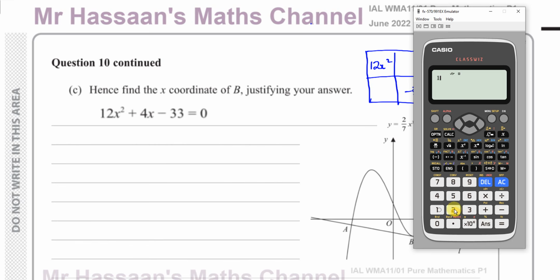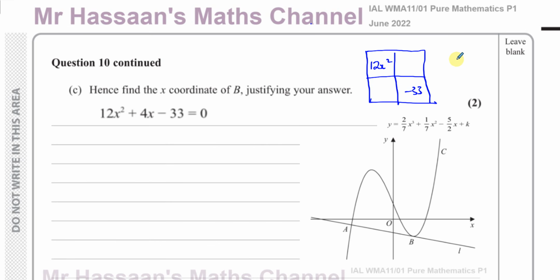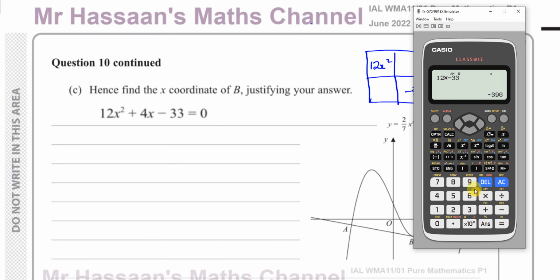Let's see, 12 times negative 33 gives you negative 396. So your product is equal to negative 396, and the sum has to be plus 4x. We need two numbers that multiply to give negative 396x squared and sum to plus 4x. So think about the number 396.